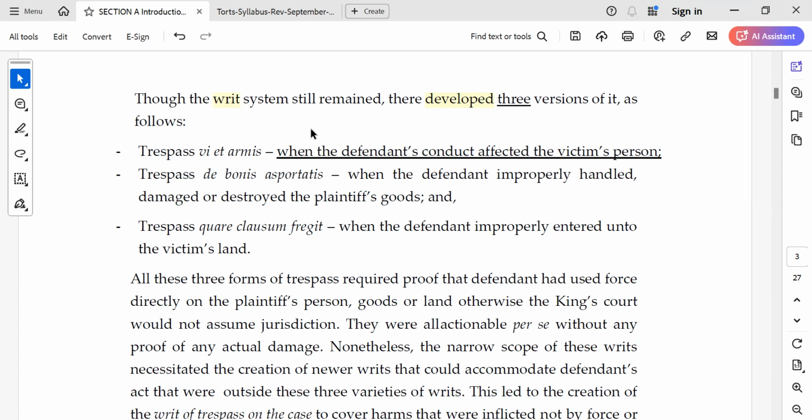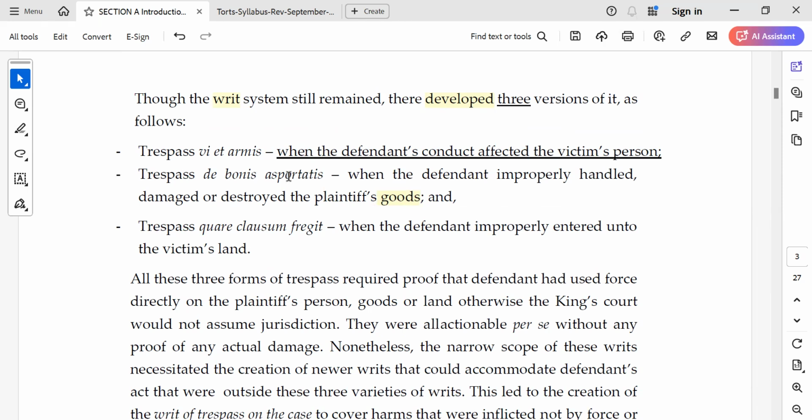Then trespass de bonis asportatis. That means when the defendant improperly handled, damaged, or destroyed the plaintiff's goods, items, personal effects, movable property, which are called chattels.